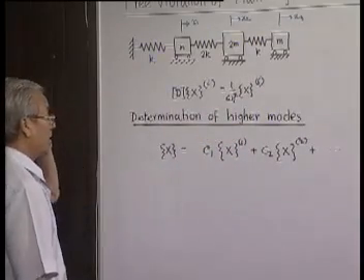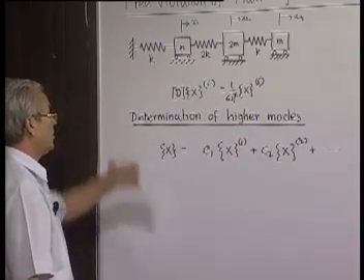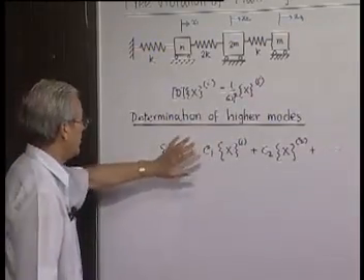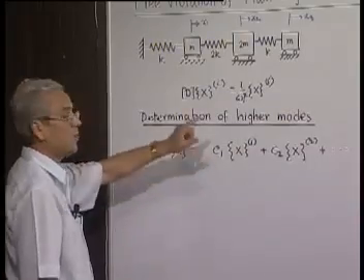So, our objective is now to find ways and means of making x such that C1 is 0.